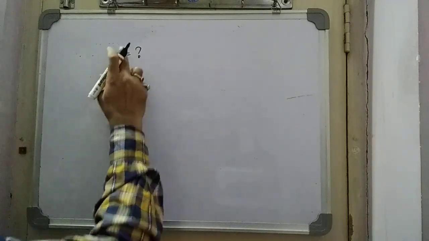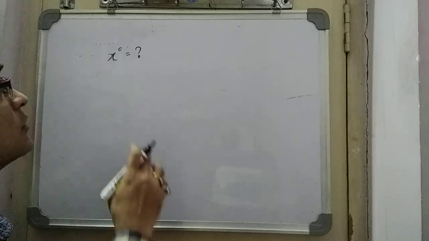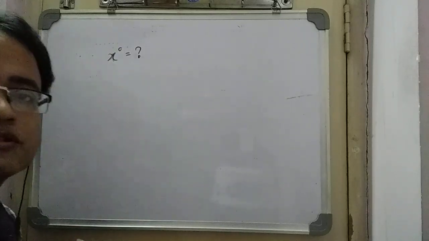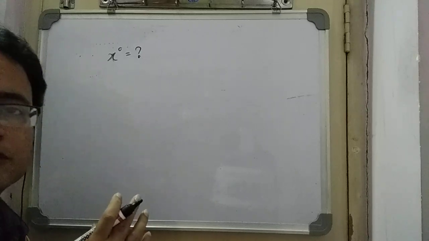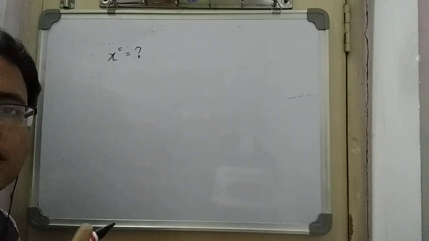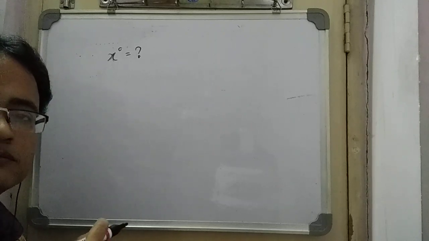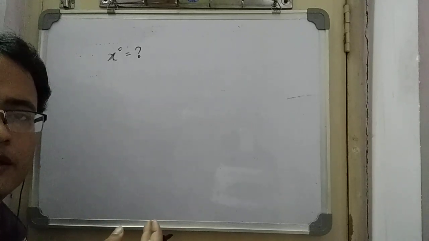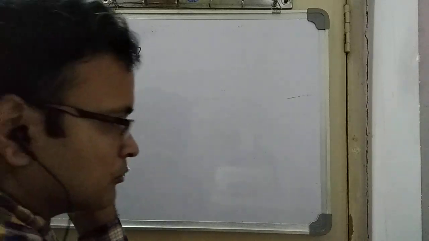When we have taken x to the power y, y was always a positive integer, but we haven't considered x to the power 0. But these laws always hold for any real number y. So the exponent can be any real number, no problem.